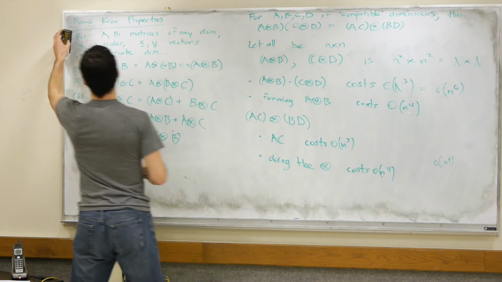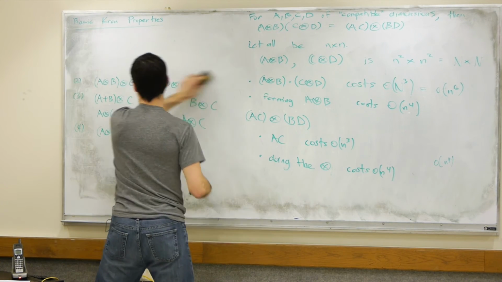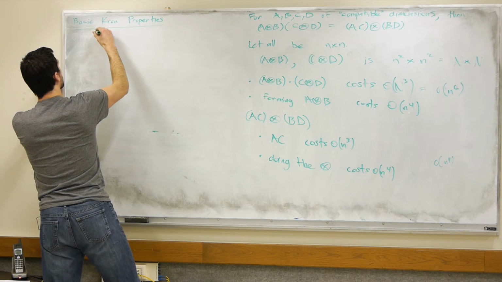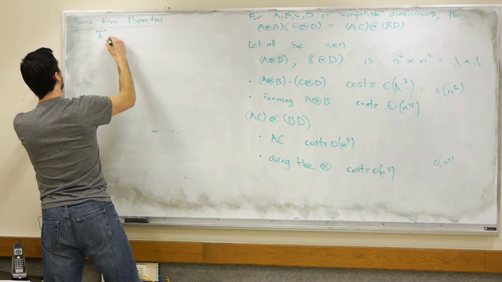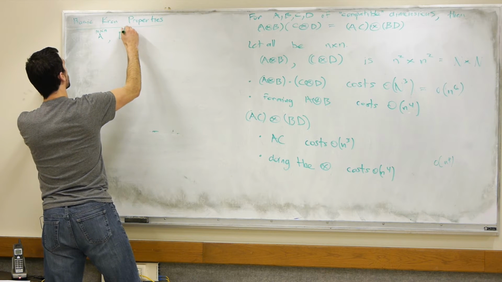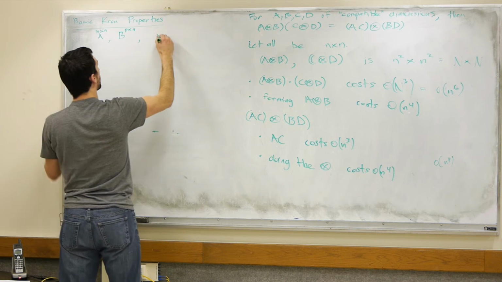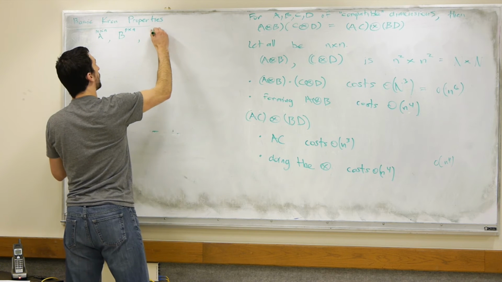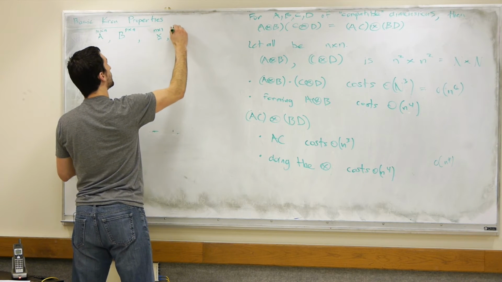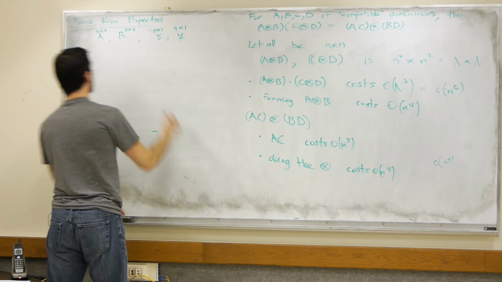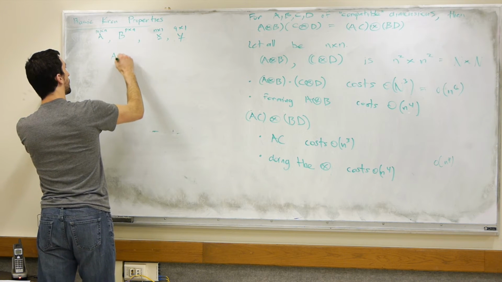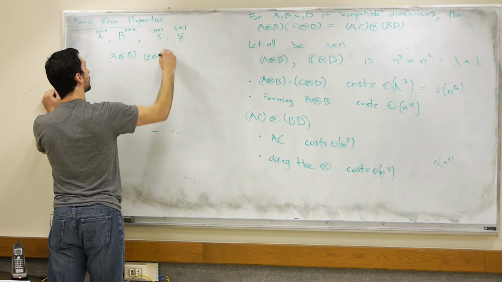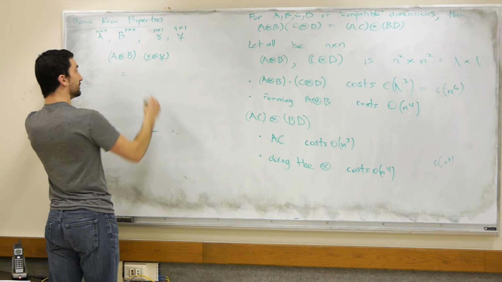So, for example, if A is m by n and B is p by q and x is n by 1 and y is q by 1, then we can form the product A Kronecker B times the vector x Kronecker y. We can form this in two different ways.